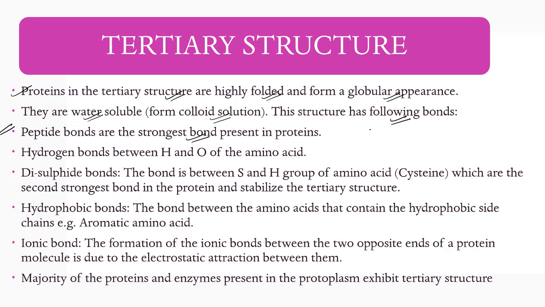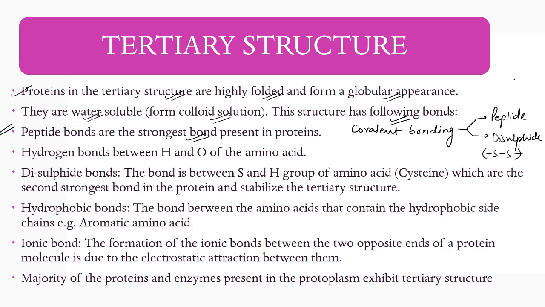If we conclude, basically covalent bonding is the strongest in proteins, and covalent bonding is of two types. One is the peptide bond and the second is the disulfide linkage.